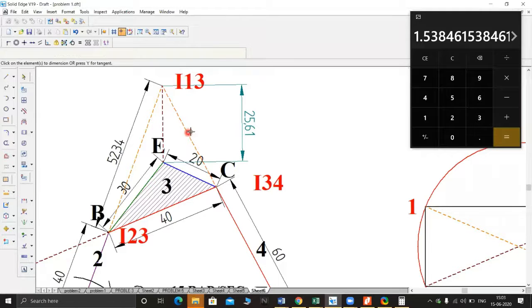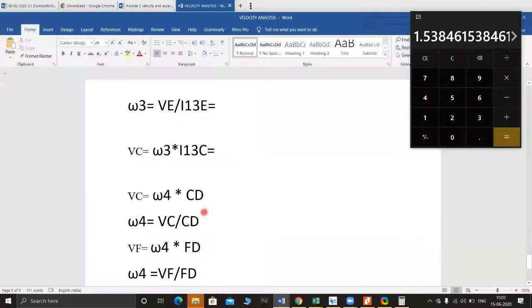Here, 38.61. Memorize this point. I13C is 38.61 into the scale factor. Don't forget, the scale factor is 5.